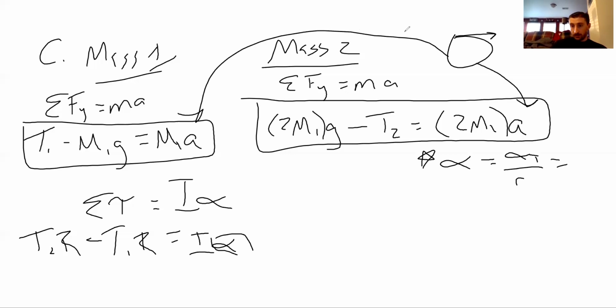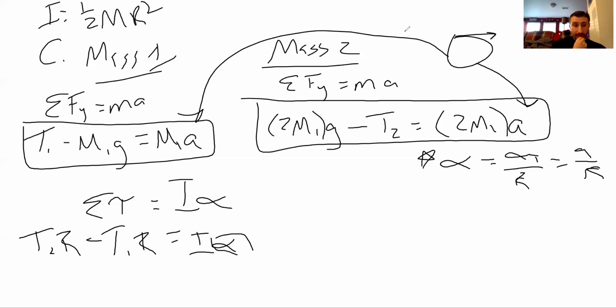So I get alpha equals A over R. I'm going to plug that in and rewrite. And I know I, the moment of inertia of the pulley, equals half MR squared.